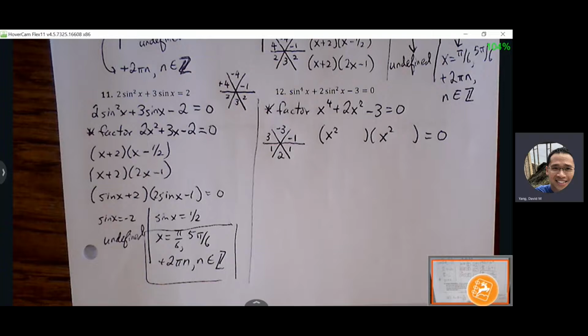Instead of x and x, we're now x squared and x squared because of x to the fourth.